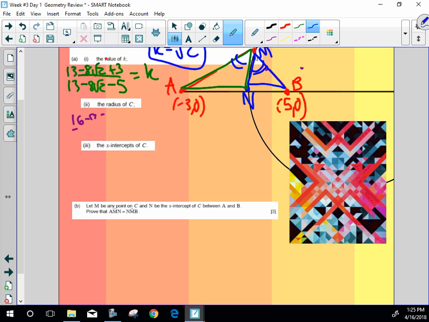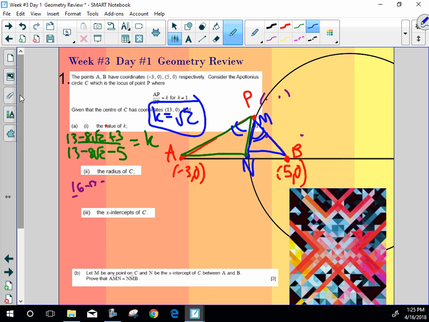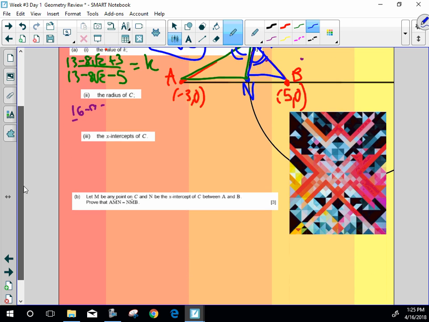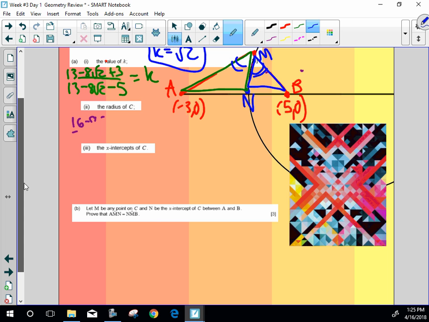So using this relationship, AP over BP, with this value N here, AN over NB is equal to the square root of 2. Do you agree with that?